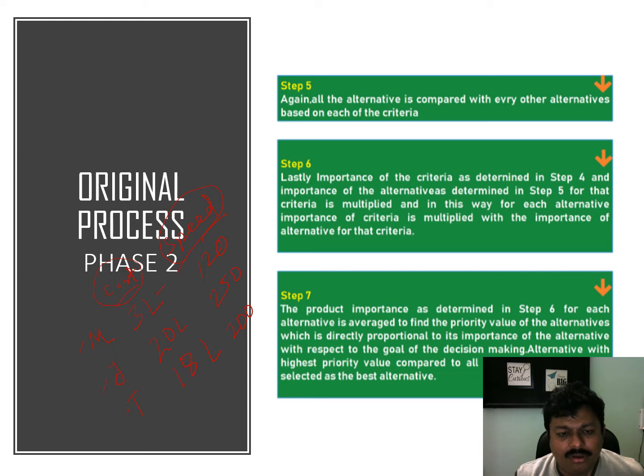So in cost, this Maruti will have the best rank, followed by Toyota and then Jaguar. But in case of speed, higher the speed, more is the preference. So you give highest rank to Jaguar, followed by Toyota, and the last rank will be for this Maruti.